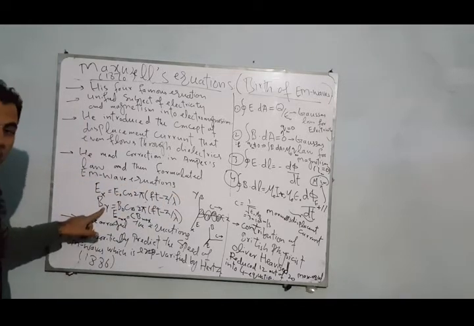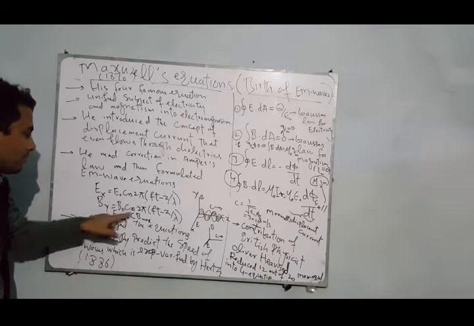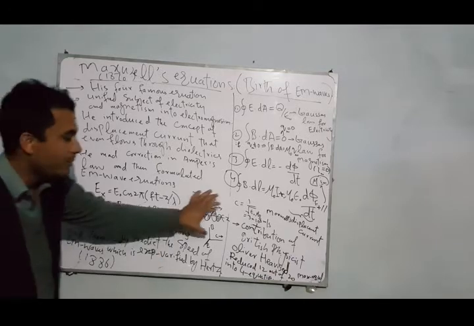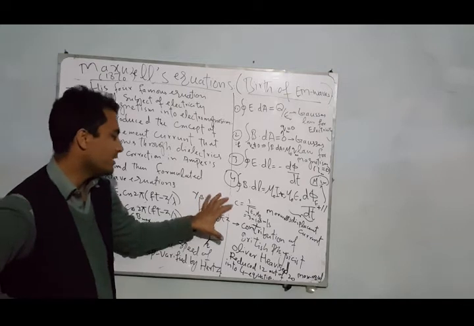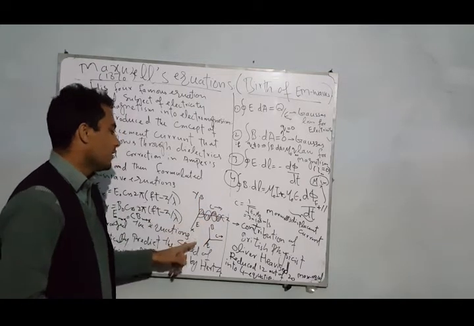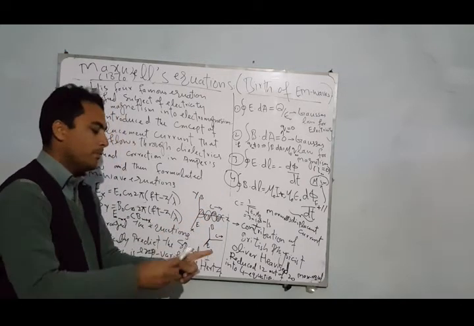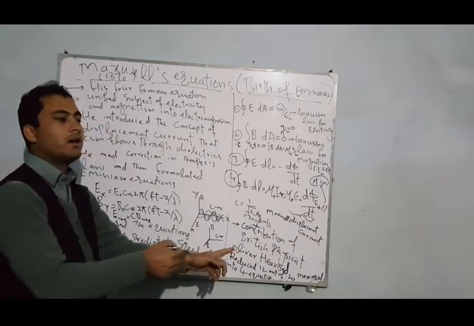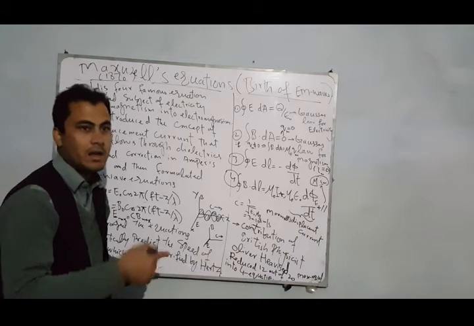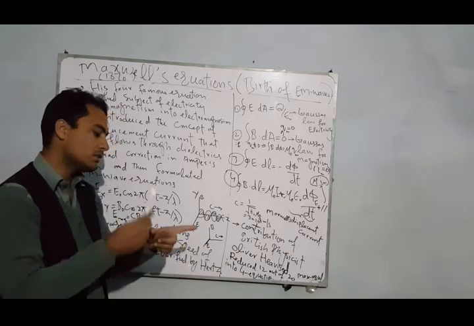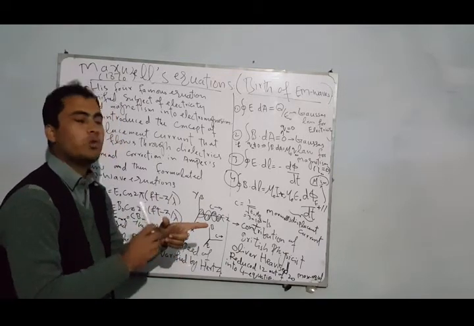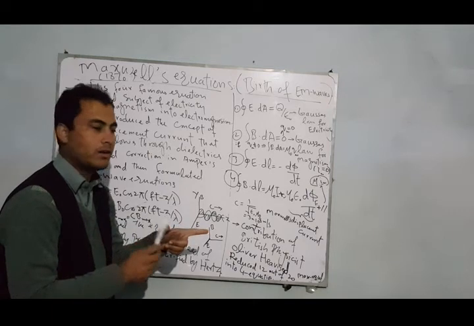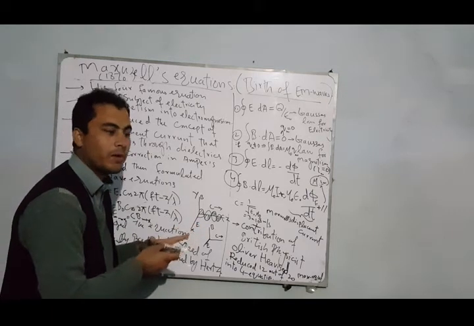Similarly, the magnetic component of electromagnetic waves can be explained by this equation. Diagrammatically, we can display it like this. For example, if the magnetic fluctuation is along the y-axis, then the electric fluctuation will be along the x-axis, and the propagation is along the z-axis, because these magnetic and electric fluctuations are at a right angle to each other, and also at a right angle to the propagation of the wave.